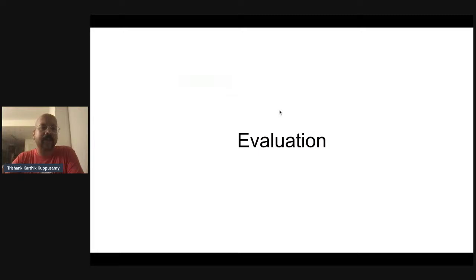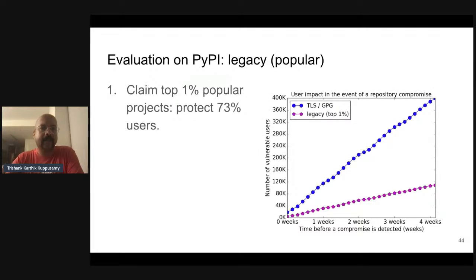How many of these projects do you actually need to protect? Let's say we protected only the top 1% most popular projects, which is around 500 projects or so at the time. You immediately protect nearly three quarters of all downloads. Look at the difference between no security and just encouraging 1% of the top projects to sign their own packages. Look at the difference.